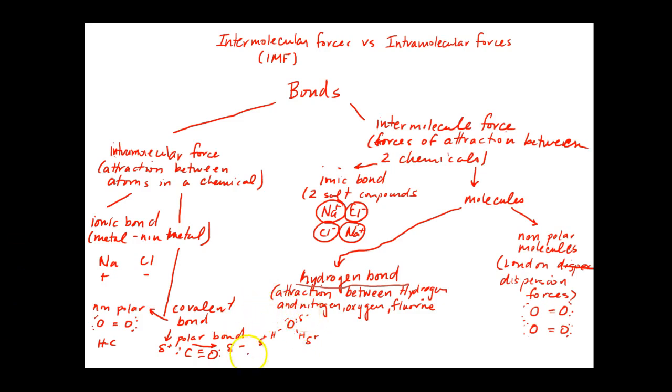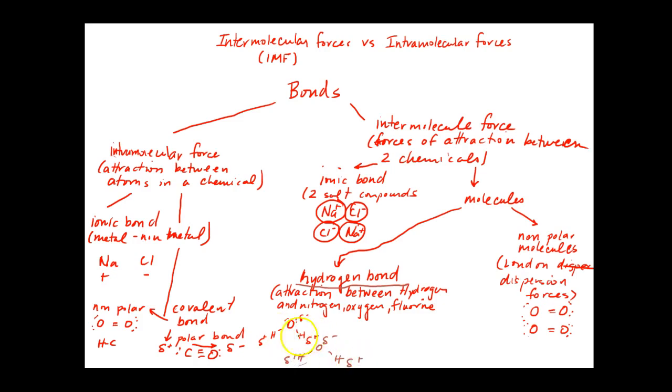Here I've drawn water down here. And water we know is polar because in that hydrogen-oxygen bond there is a great difference in electronegativity, so the oxygen is going to be the more partially negative side of the chemical than the hydrogen. In this case, water molecules are attracted to each other thanks to the difference in these partial charges.